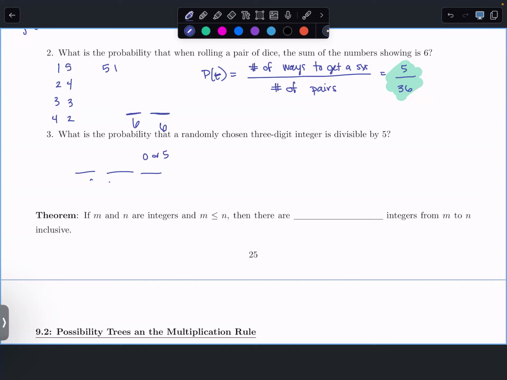How many things could be in that spot? 0 through 9. So there are 10 options for what could go in that third digit. 2 of them would make it divisible by 5. So the probability here is 1/5. So 2 options here would make this divisible by 5. There are 10 total numbers that could go in that blank.